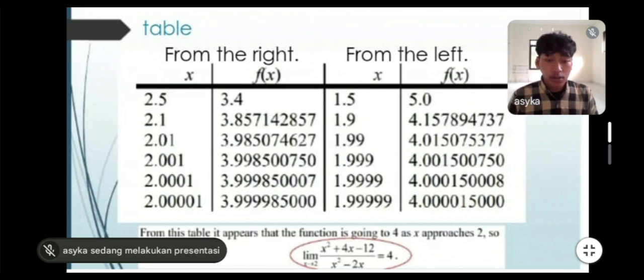So the function is going to 4. So we can write the limit as x approaches 2 of x power 2 plus 4x minus 12 over x power 2 minus 2x equals 4.